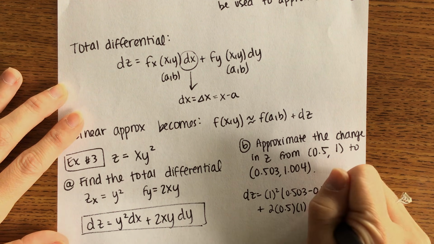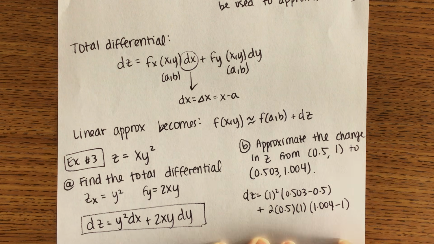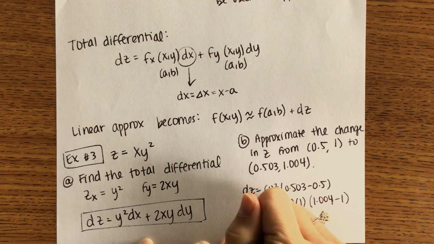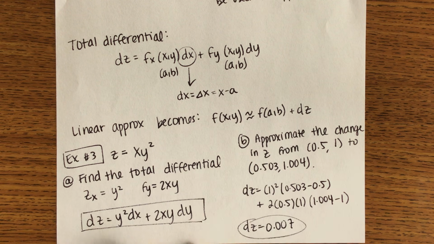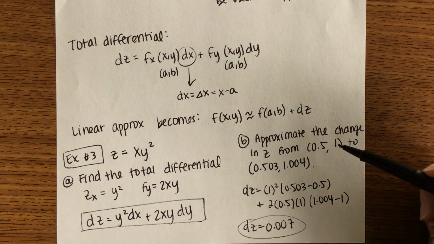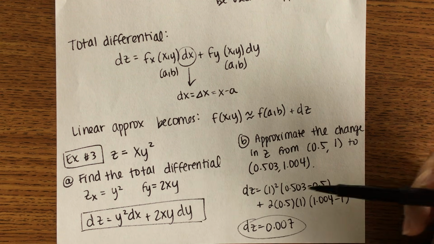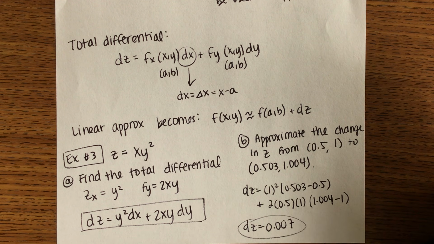So 1.004 minus 1. That ends up being 0.007. Here's what this means. When we move from this point to this point on our surface, we estimate z to increase by 0.007.